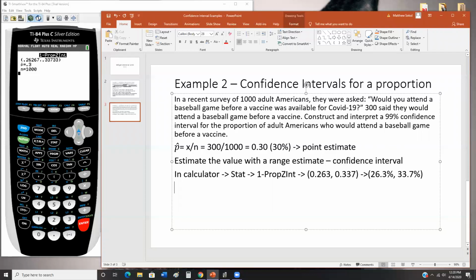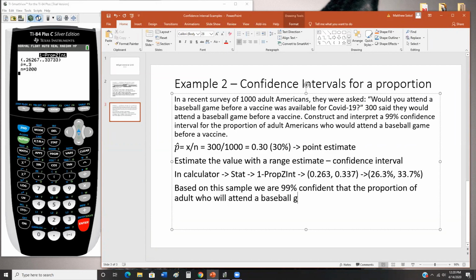So what this means, the way I would interpret it, is based on this sample, we are 99% confident that the proportion of adults who will attend a baseball game before a vaccine is between, so the real value is somewhere between 26.3% and 33.7%.